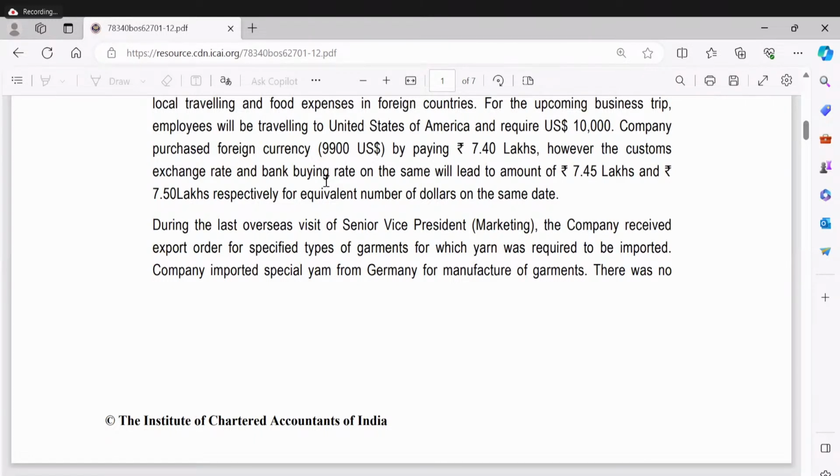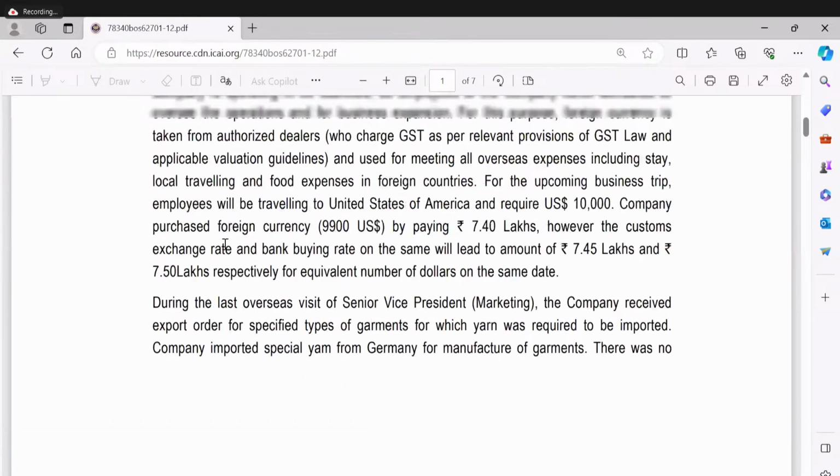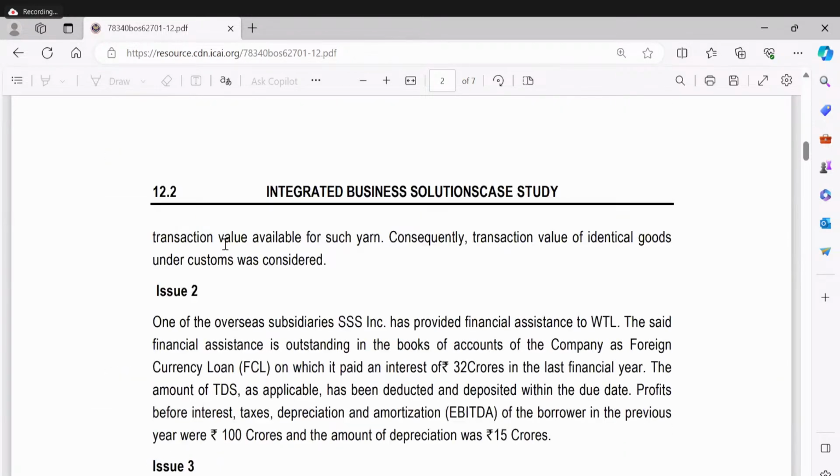Then we have issues regarding the customs, GST, direct tax laws, as well as the financial reporting paper and law paper. So let us start with the first issue, which is actually relating to GST and customs. We'll take it afterwards. I will not brief you on each issue.